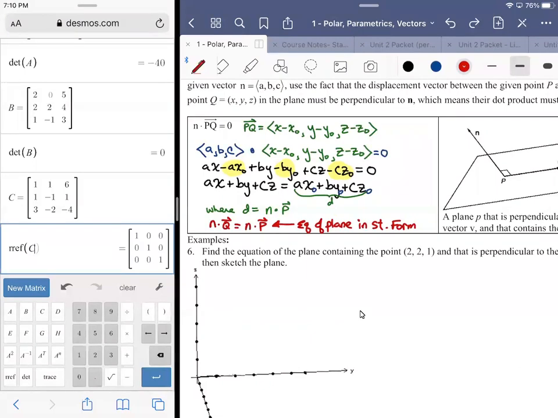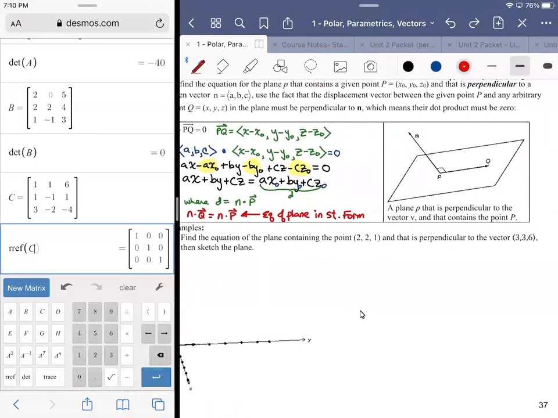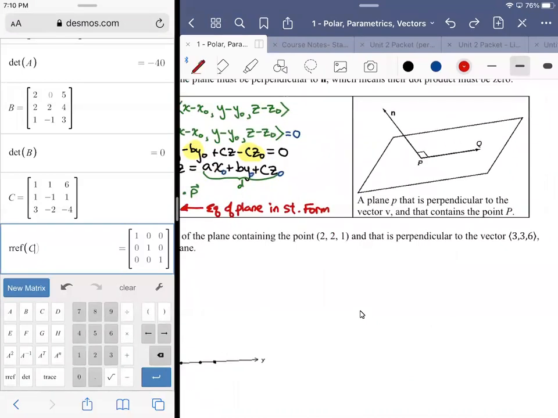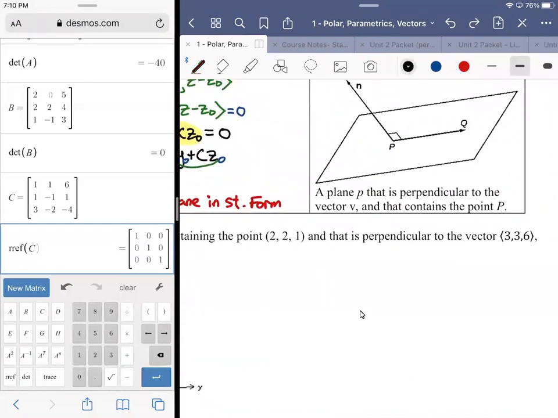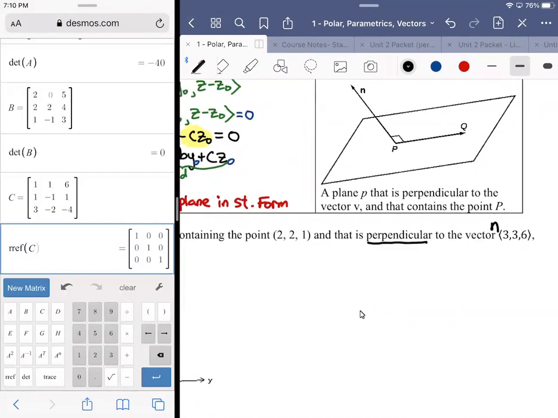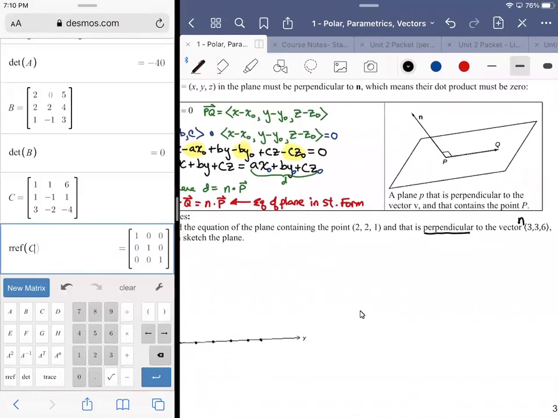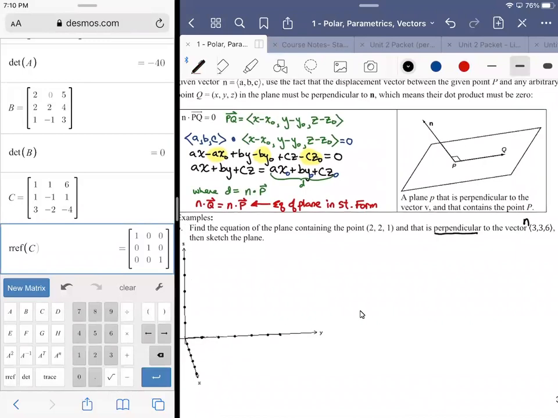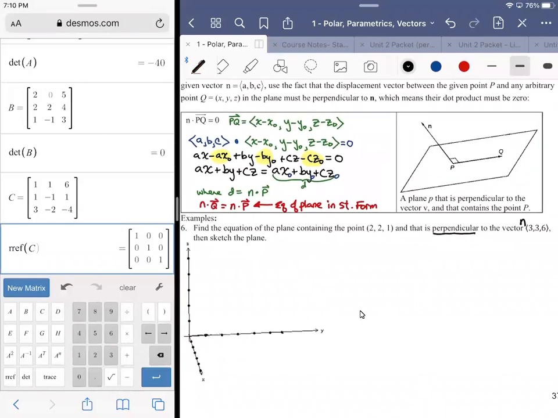So when I want to write the equation of a plane containing a particular point, and we know it's perpendicular to a vector, then we're ahead of the game here, because we have the vector already. If it's perpendicular, they're flat out telling us the normal vector is n. They're telling us the normal vector n is 3, 3, 6.